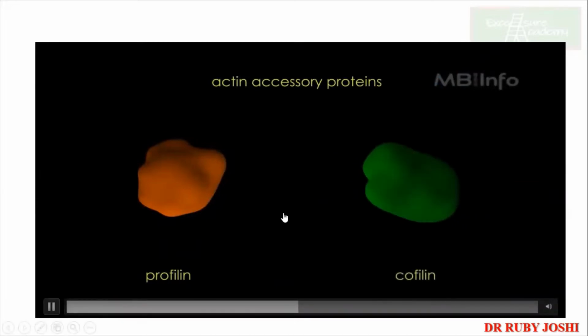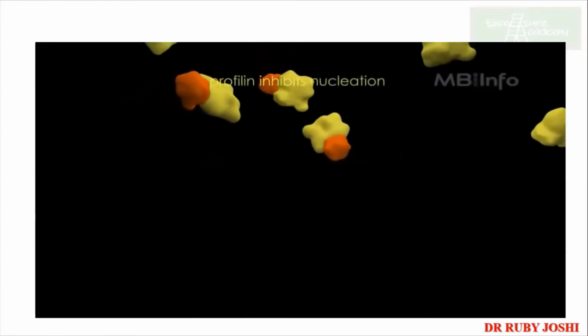So profilin is helping in bringing the G-actin with the ATP.